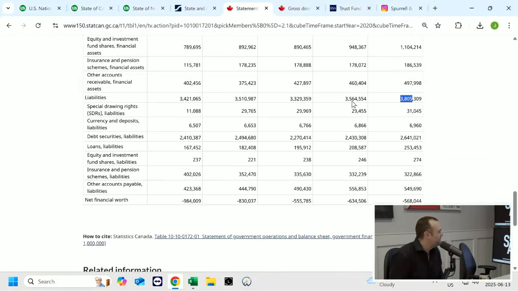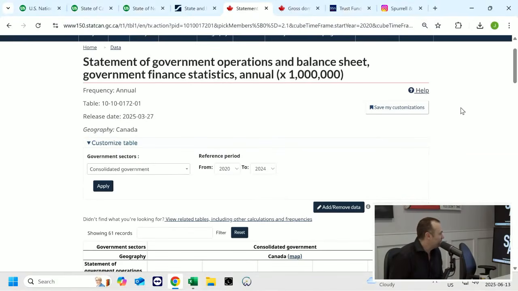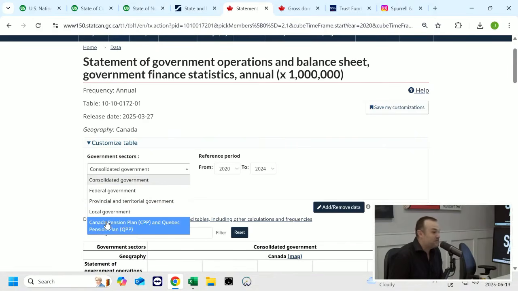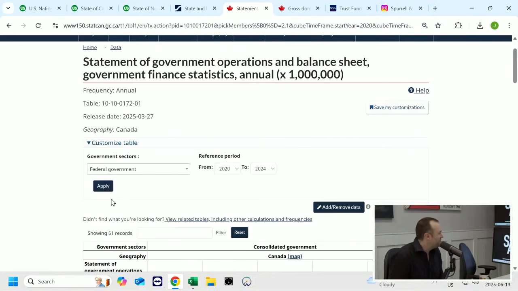So we go back to the same StatsCan website. Instead of going consolidated government, you can separate it here: federal government, provincial and territorial government, local government, which is the cities, and CPP. Okay, so it's just the federal government.